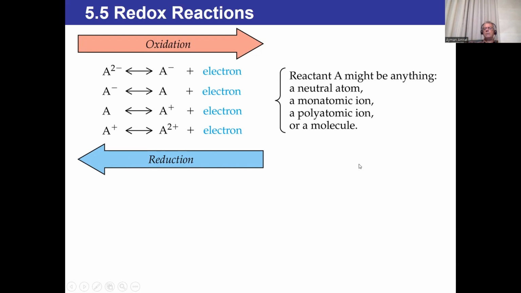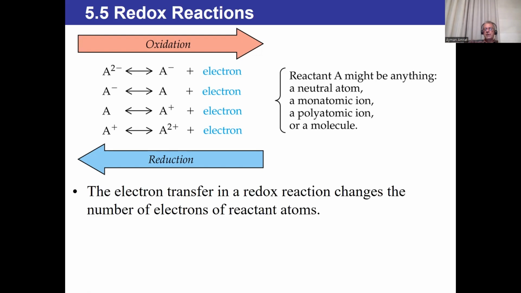Reactant A might be anything: a neutral atom, a monoatomic ion, a polyatomic ion, or a molecule. Any of them that lose electrons are oxidized. Any of them that gain electrons are reduced. Oxidation, lose electrons; reduction, gain electrons.